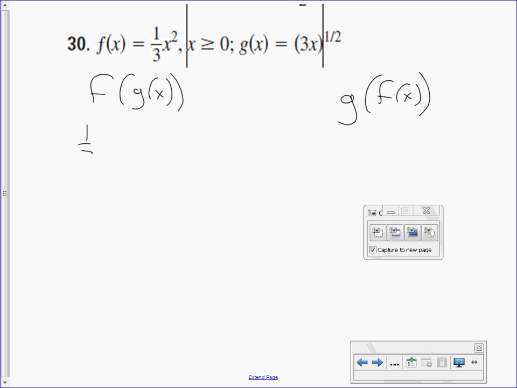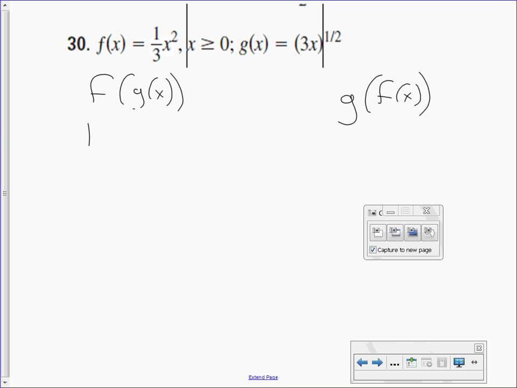Let's see, 1/3, 3x to the 1/2, squared. So that is 1/3 of, let's see, 3 squared of 9x. Oh wait, you don't have to do 3x. Oh, it's the 1/2. I'm sorry. I read it wrong. I wrote it down incorrectly. My fault.